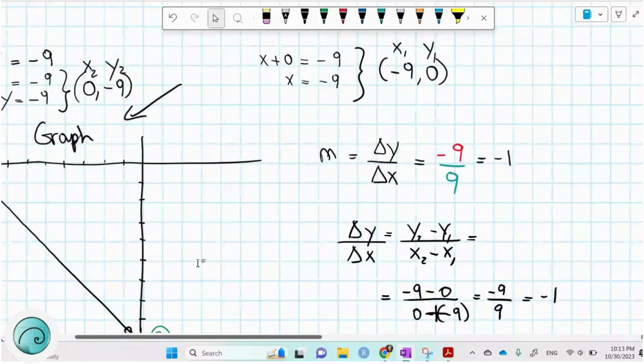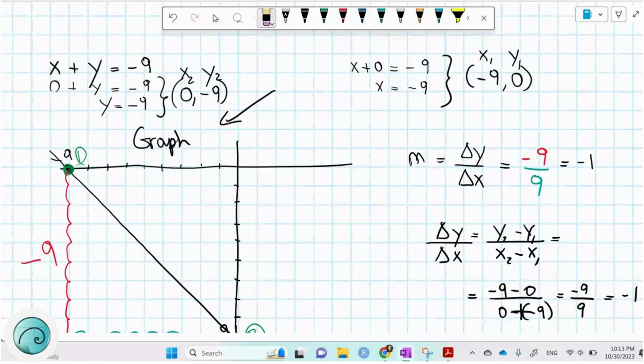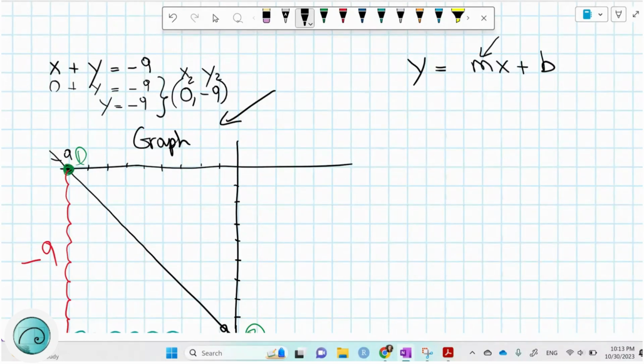Now all of this is a lot of work, right? And a lot of room for error. Let me show you one different way. I'm erasing all of this. If I have y is equal to mx plus b, the slope is the number in front of x. Look what you have. You have x plus y equals negative 9. So I want y on the left side.